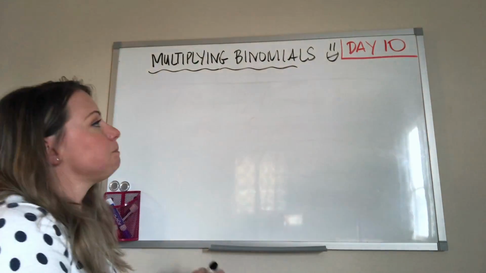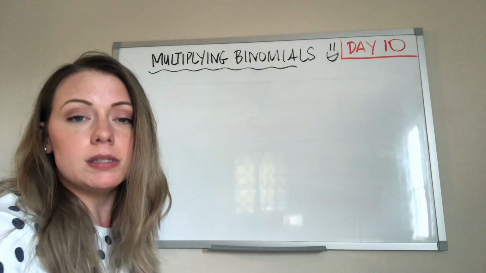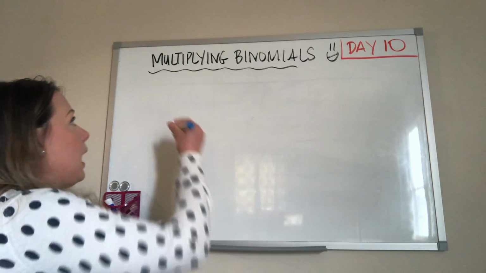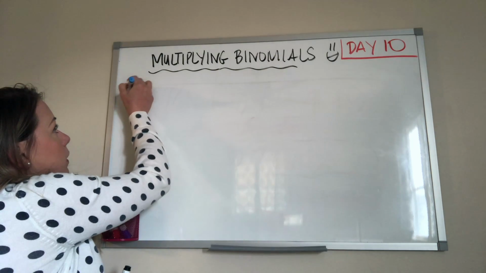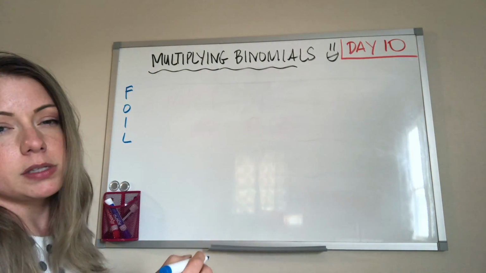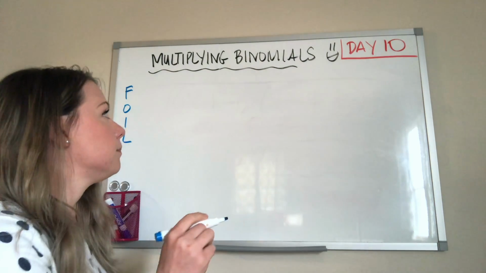All right, so the FOIL method is called just that because each letter stands for a particular term. So I'm going to start by writing that to the side of my board and referencing that. And I'll try my best to make sure my head doesn't get in your way.